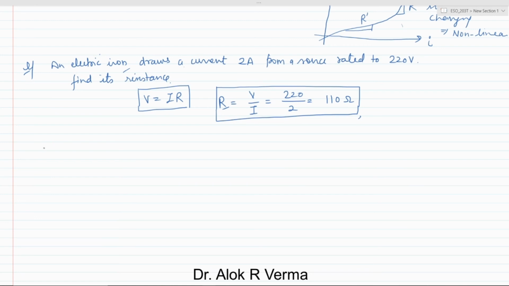Now if we see some circuit, for example, consider this following circuit. A very simple circuit where you have 3 resistors R1, R2, R3, and the voltage V is applied here.